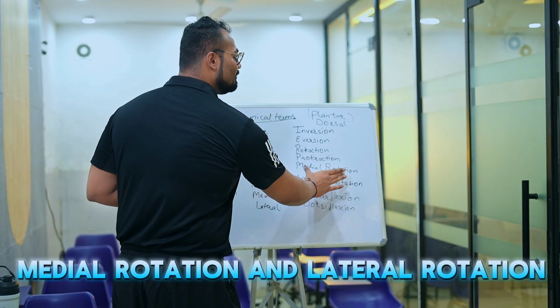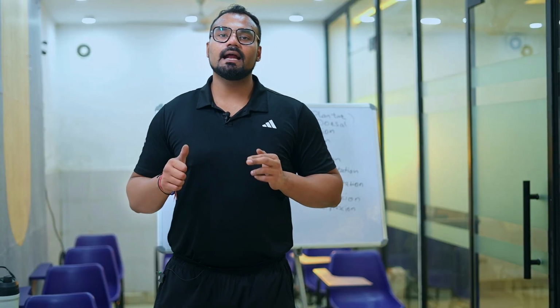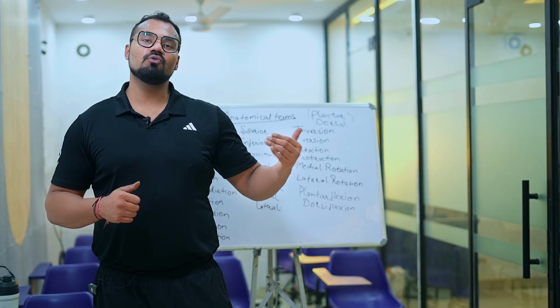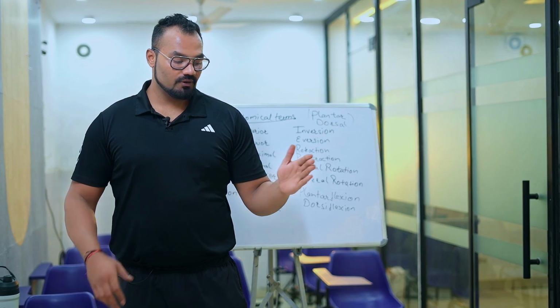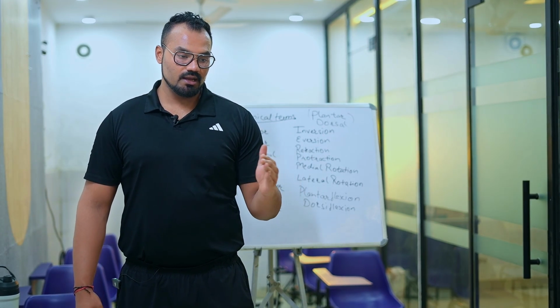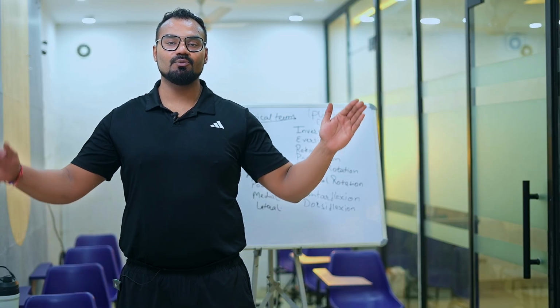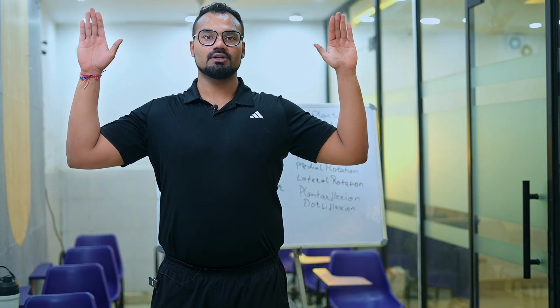Now we talk about medial and lateral rotation. Medial rotation means anything moving towards the midline in a rotational movement. So if I do this, this is my medial rotation. If I do this, this is my lateral rotation. The same way in this plane, this is your medial rotation and this is your lateral rotation.